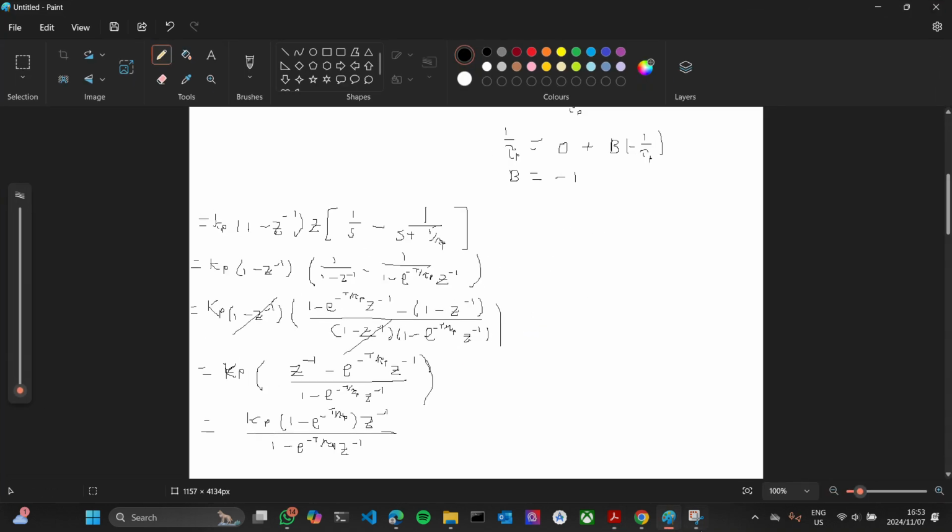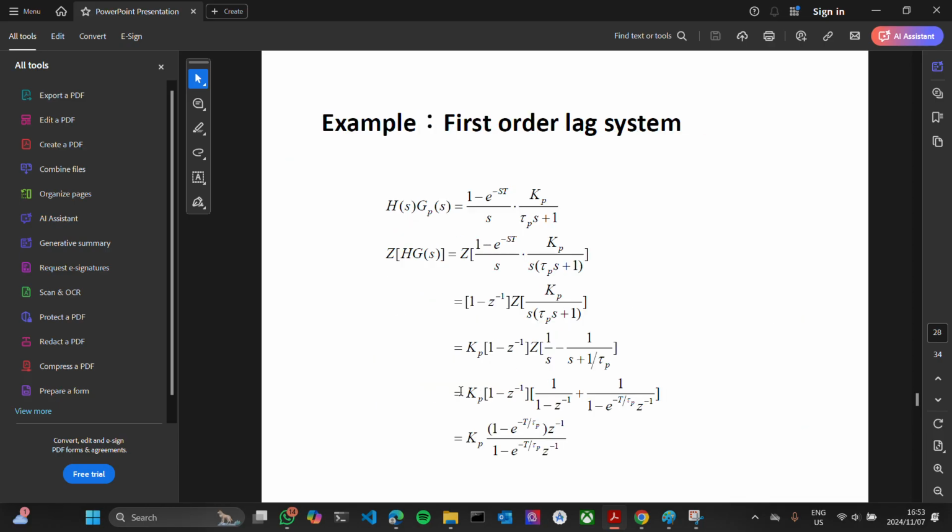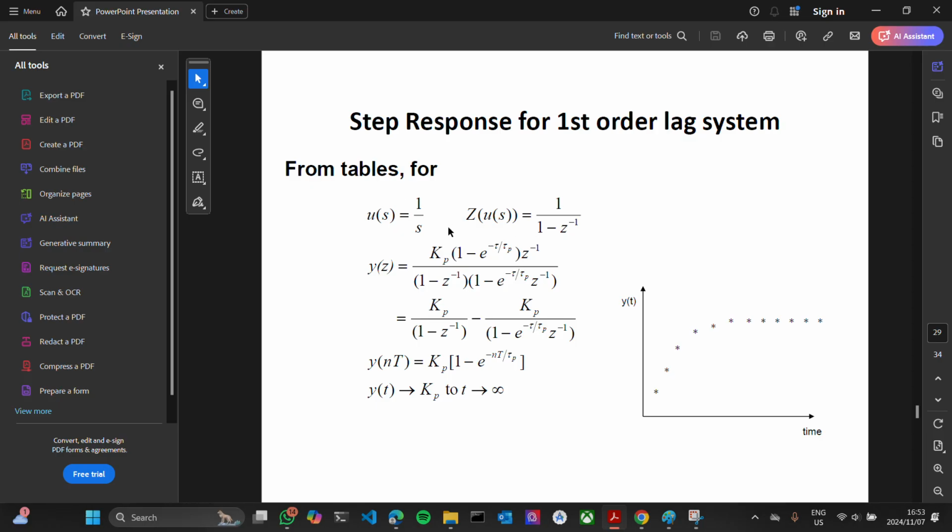Let's see this. Then here, the step response for this first order lag system, all you're doing is multiplying this transfer function now in the z plane by the z transform of the step. So that original function multiplied by this now. Then what they do here?